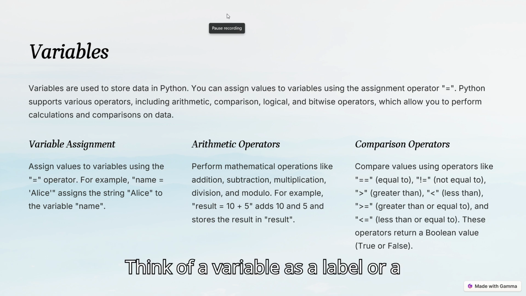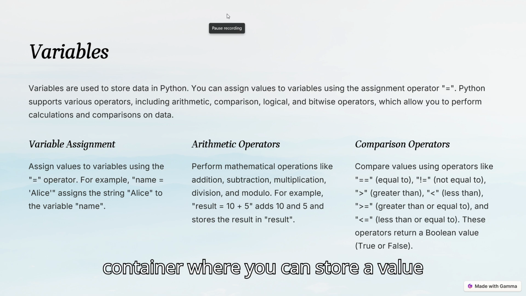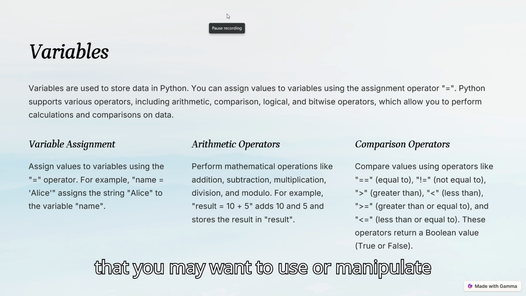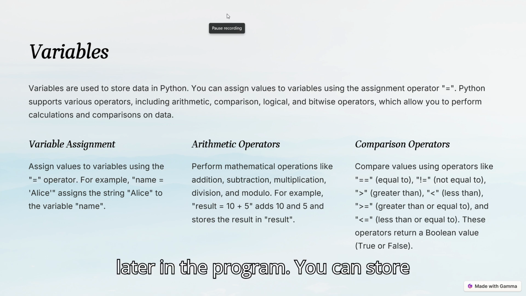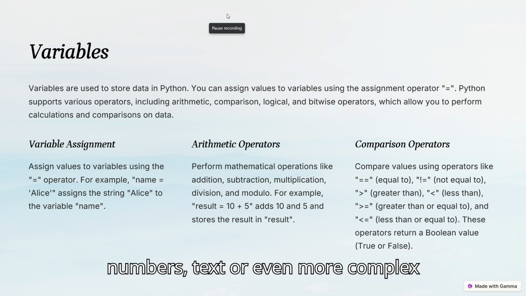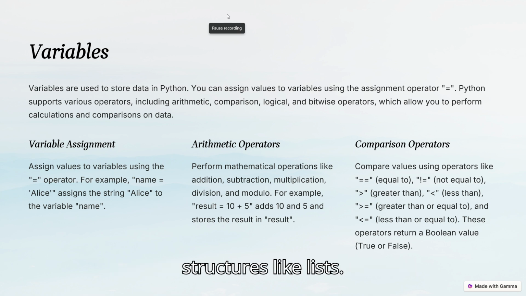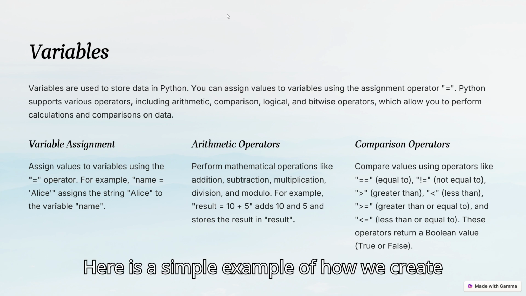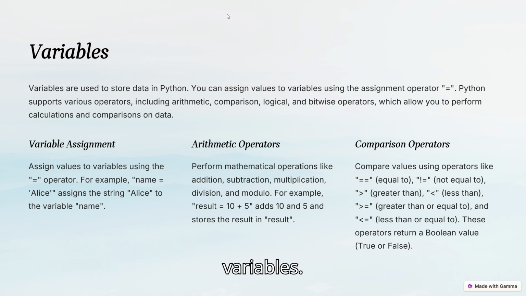Think of a variable as a label or a container where you can store a value that you may want to use or manipulate later in the program. You can store different types of data, such as numbers, text, or even more complex structures like lists. Here is a simple example of how we create variables.